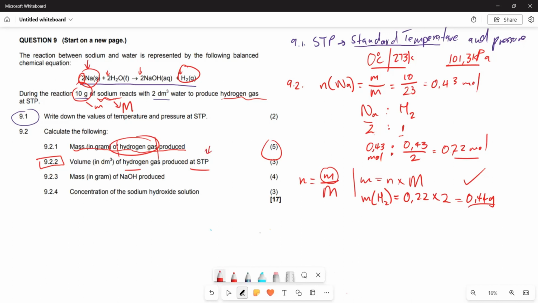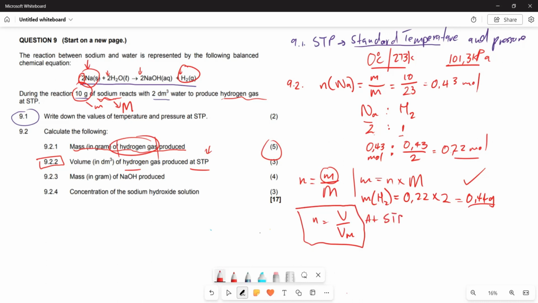Remember the formula at STP is going to be n, which is given by volume over your Vm. This is the only formula at STP.